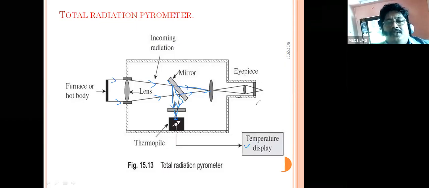The observation is mainly on this focusing, and whatever is reflected converges at one point, and at this point we have to arrange a device. Okay?